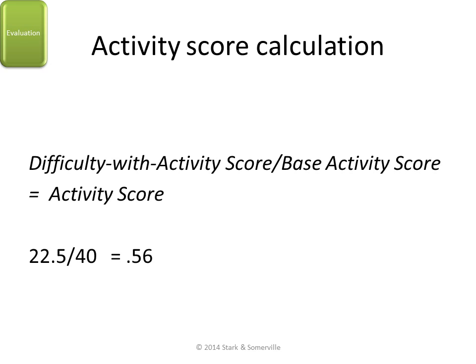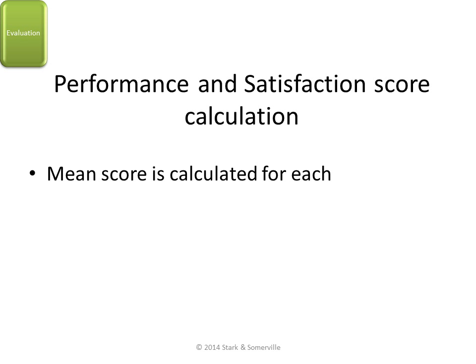So you're going to take the difficulty with activity score divided by the base activity score, which was 40, which we calculated earlier, to get the overall activity score, the proportion of activities that are difficult for that person. So that's that 0.56 score.